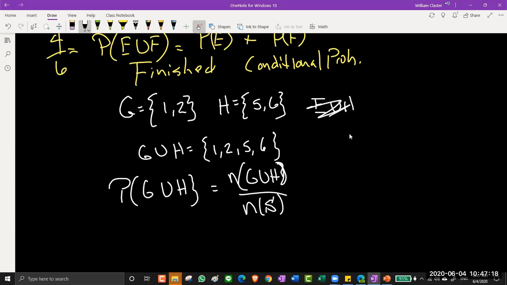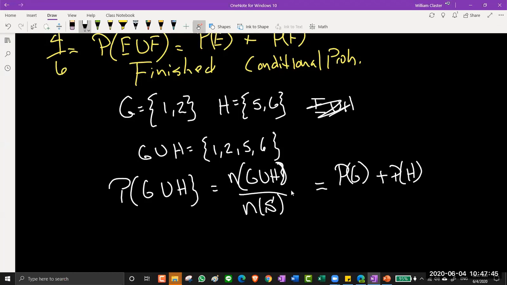But we might say, well, I think it should be equal to, without going through this, the probability of G plus the probability of H. It sort of looks like it, you should be able to just break it up and say it's the probability of G plus the probability of H, right?